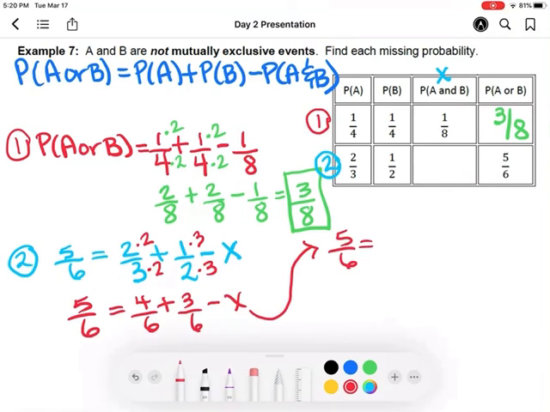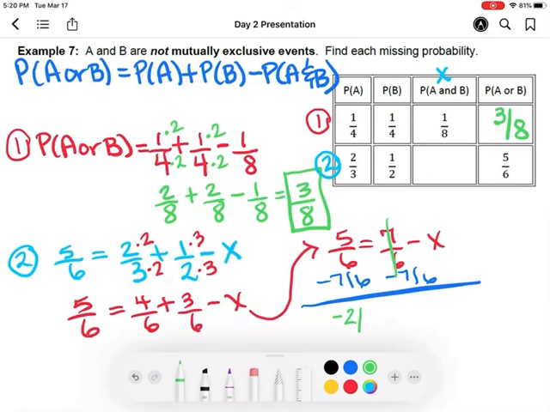So 5/6 equals 7/6 minus X. So if we subtract 7/6 from both sides, we're going to get negative 2/6 equals negative X. So X would be a positive 2/6 or 1/3. So you actually have a 1 in 3 chance of event A and B happening at the same time.